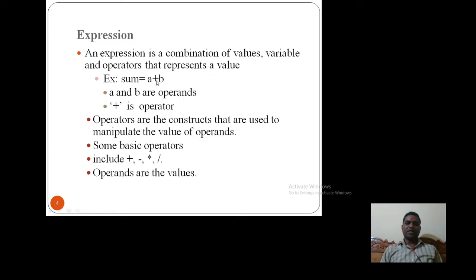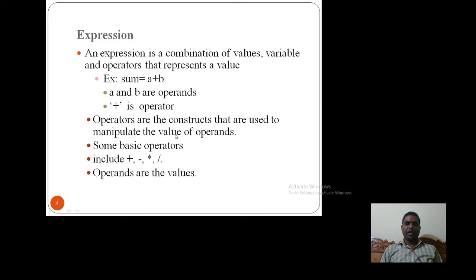You can use plus, minus, multiply, divide, etc. a and b are both variables and are known as operands. The things after the equal symbol we call operands. And sum is a variable name which can hold the value of this expression, a plus b. We call it an expression.